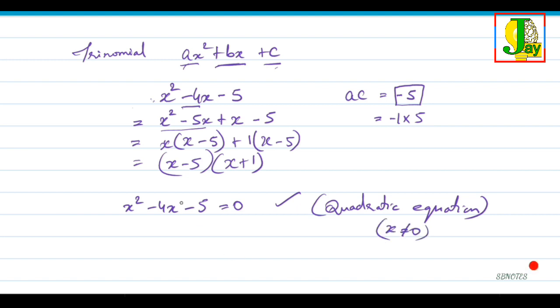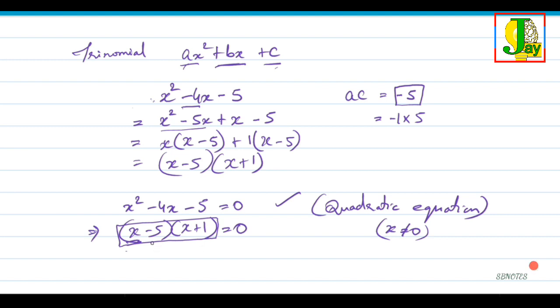Okay, so if you solve this, finally you have to factorize the left hand side and you get x minus 5 into x plus 1 equals to 0. The values of x for which the left hand expression becomes 0 or this equation holds true, those values are known as roots or solutions for the given equation.